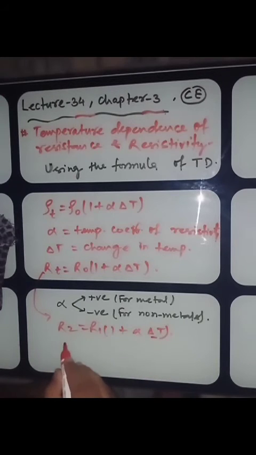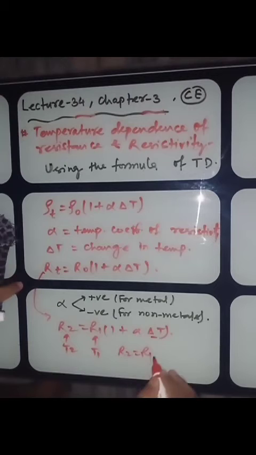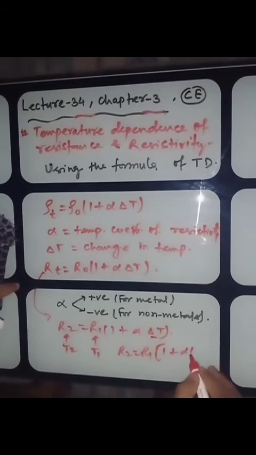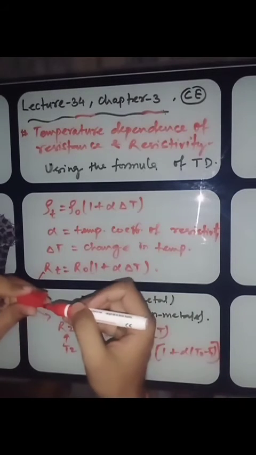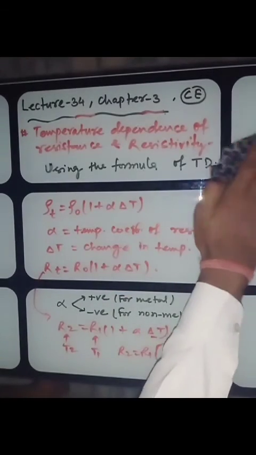Here R2 is the resistance at T2 temperature, R1 is the resistance at T1 temperature. It means R2 equals R1 (1 plus alpha delta T), where delta T is nothing but T2 minus T1. Okay, you will solve a few questions I'll give you for homework or classwork.